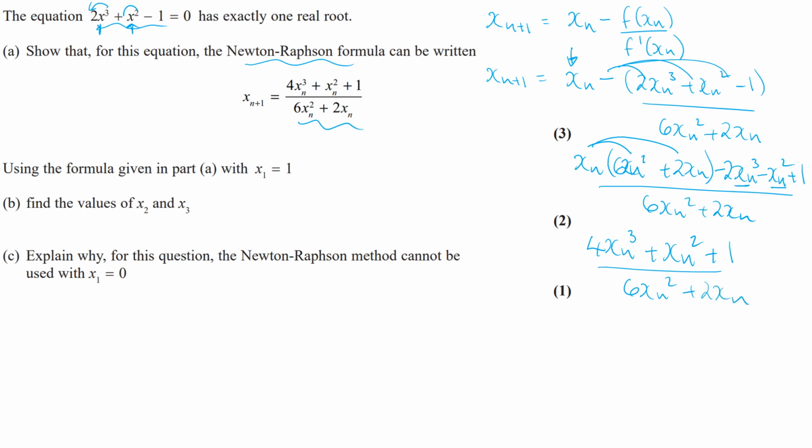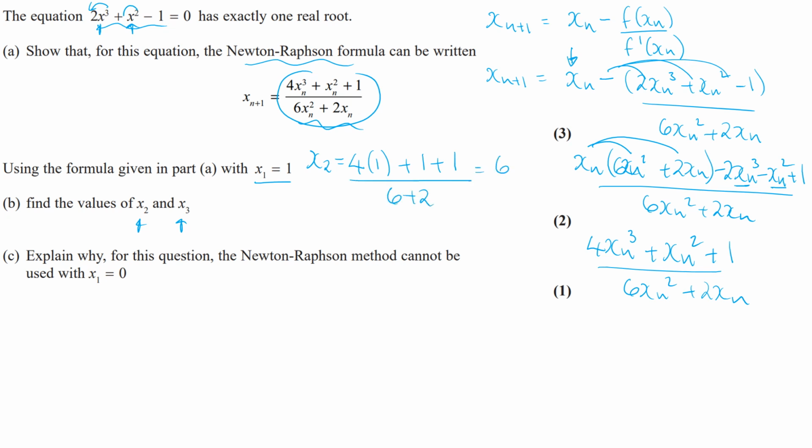Now part B, it's asking us to put x1 equal to 1, get x2 and x3. So all we need to do is put x equals 1 into here to get our x2. Now this is telling us to do 4 times x1 cubed, which will be 4 times 1, plus 1 squared, which is 1, plus another 1, all over 6 plus 2.